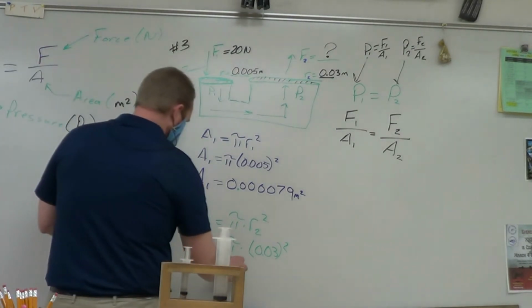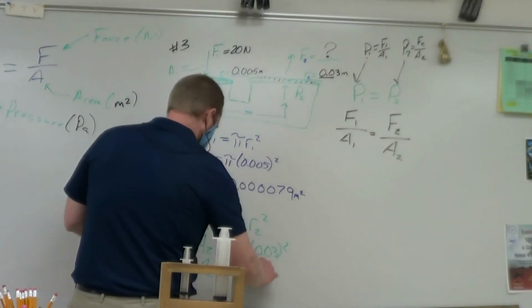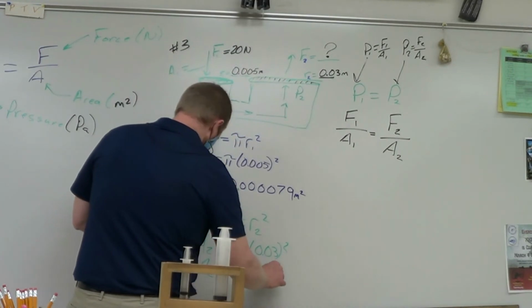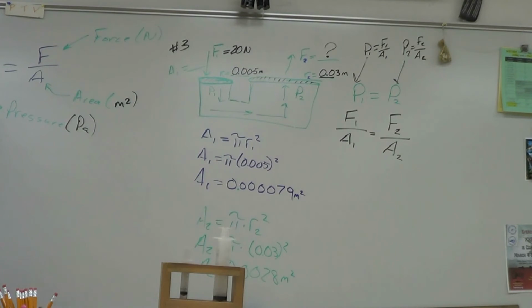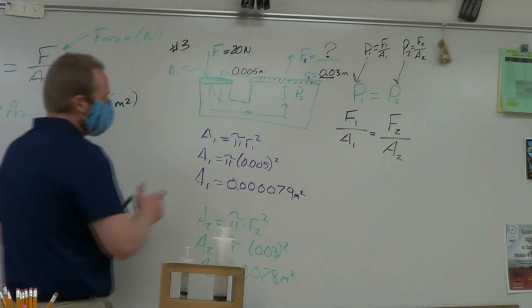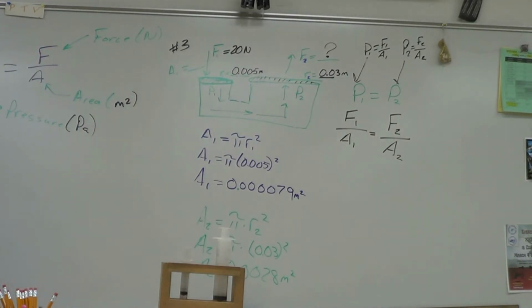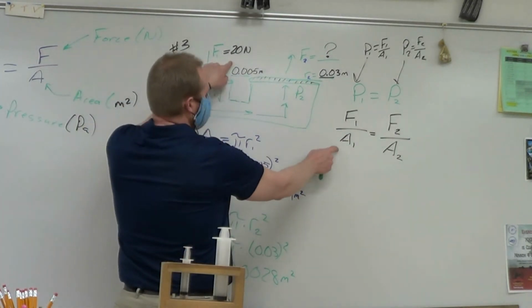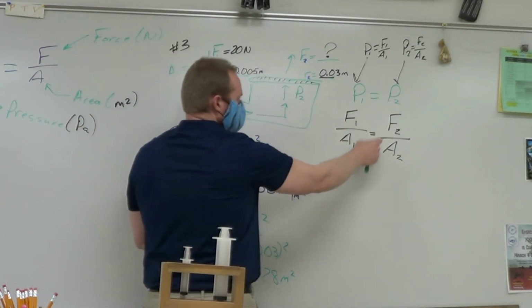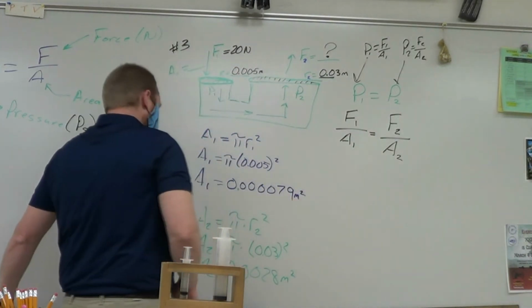So this number is 0.002827 meters squared. Okay, so now I have my two areas. I have my area 1, which I stored in my calculator for later. I have my F1. I have my area 2. I should mathematically be able to solve for F2.